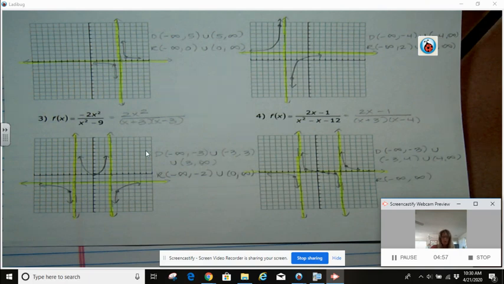So your domain would be negative infinity to -3, and then -3 to 3 in between your vertical asymptotes, and then 3 to infinity to the right of the second vertical asymptote. Your range, negative infinity up to your horizontal asymptote.